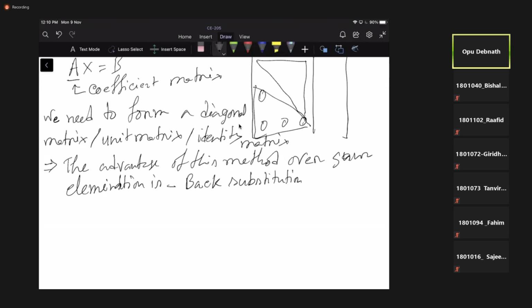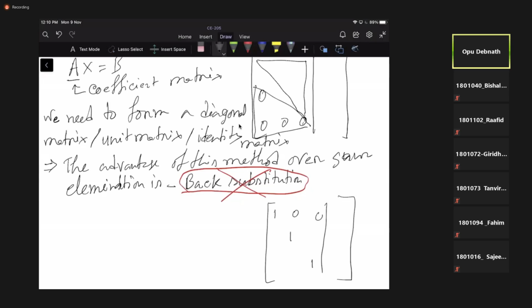In Gauss elimination, we need to do the back substitution at the end of the problem. In this method, the back substitution is omitted. But to do so, we need to follow some additional steps to make the identity matrix or diagonal matrix. That means in this step, we will form the matrix in such a way that only the diagonal elements exist and other elements become 0. Only these elements will exist.